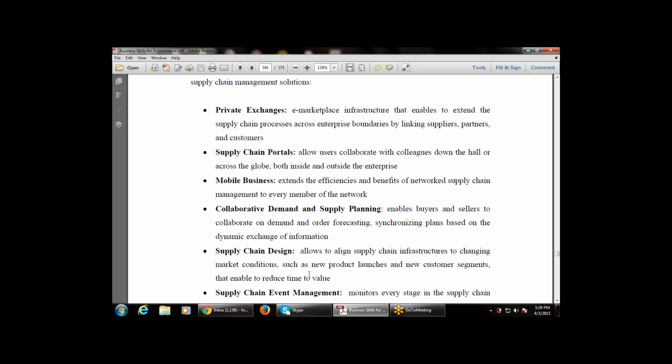If there is high supply, will demand follow or not? Then supply chain design, which is used to align the supply chain infrastructure to changing market conditions, such as when a new product is launched.